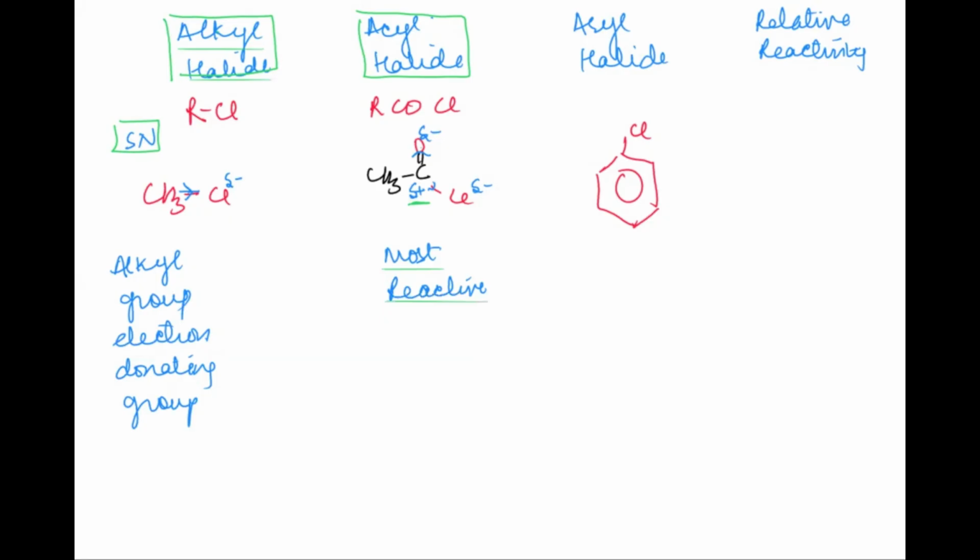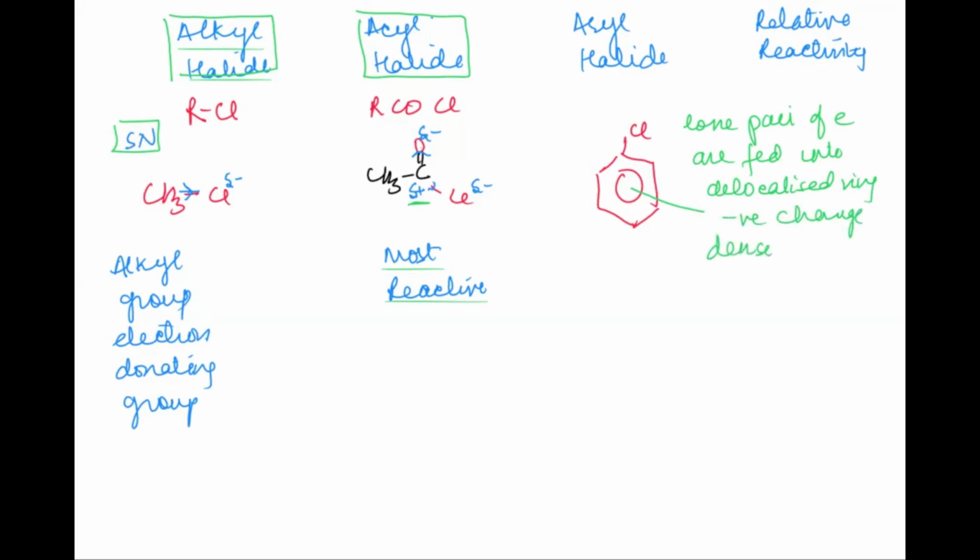Now coming to aryl halides, that is your benzoyl chloride. In this case, what happens? The chlorine has a lone pair of electrons, and the lone pair of electrons is fed into the delocalized ring, and the negative charge density of this pi ring increases.